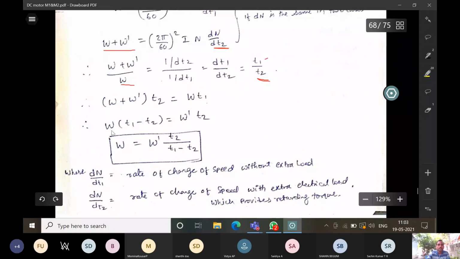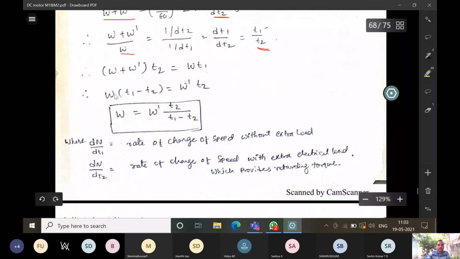Taking W common, (t1 minus t2) into W is equal to W dash into t2. Therefore W is equal to W dash into t2 by (t1 minus t2).